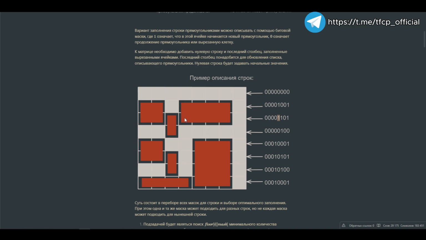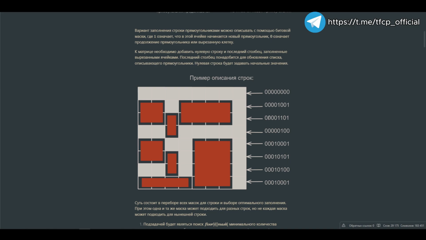The zeros mean that, for example, here, this is equivalent to the rectangle continuing. And this 0 means that here we are simply storing it this way: the starting cell from where the rectangle begins.